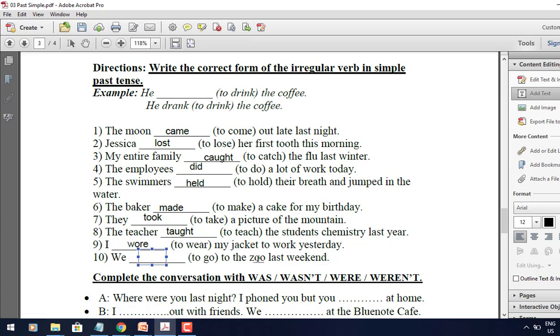We to go to the zoo last weekend. I know that go is irregular and the past form is went. We went to the zoo last weekend. And this way I understand that last weekend is an action that started and finished in the past. So we use went in the past form.